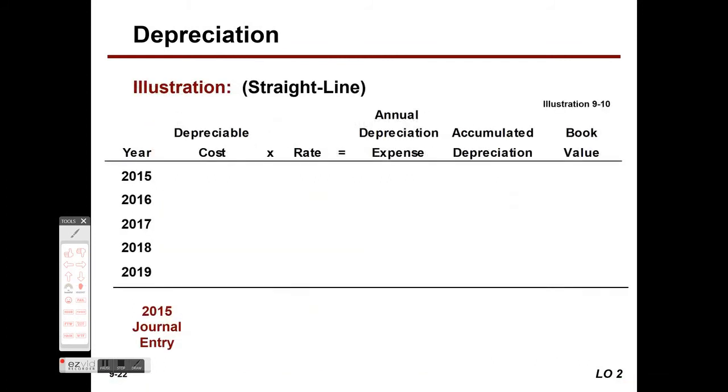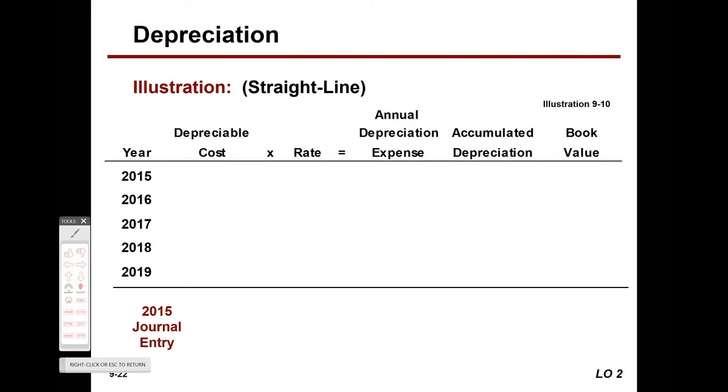So this is what we call a depreciation schedule. And in this schedule, we have columns for depreciable cost, rate, which effectively is just the 100% divided by the useful life. We'll see that. And annual depreciation expense, which is depreciable cost times the rate.